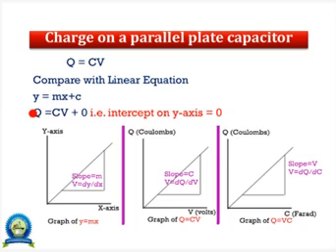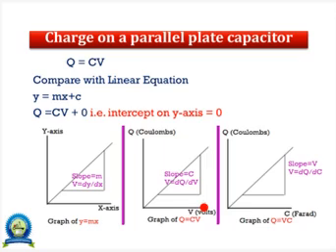Remember, the relationship we have is that charge is directly proportional to V. So we can say Q is our y-axis and V is the x-axis, and that is illustrated in this graph. This is a graph of Q is equal to CV, where we have Q on the y-axis and V in volts on the x-axis.